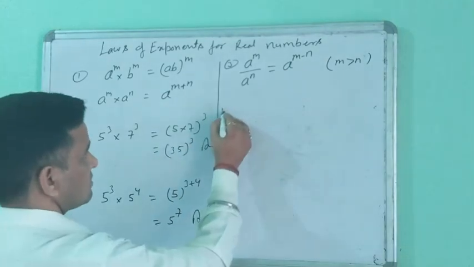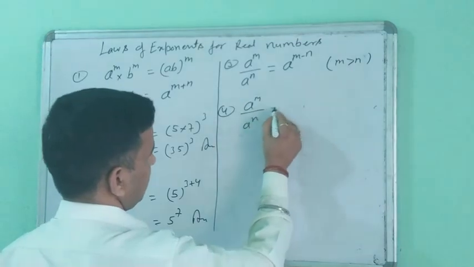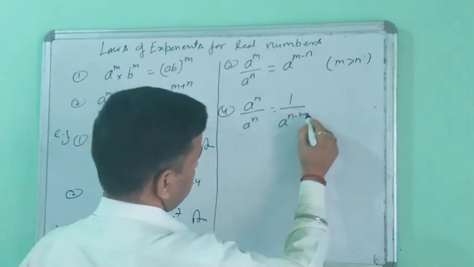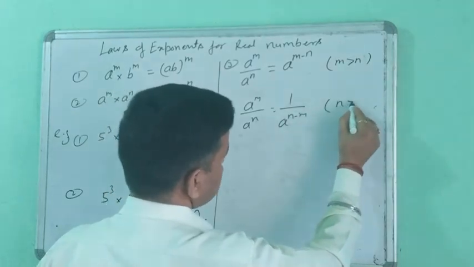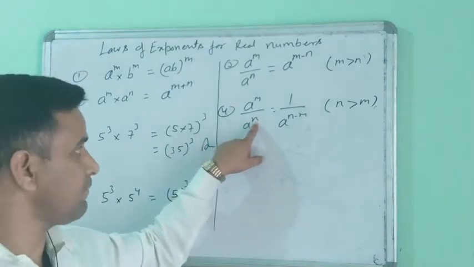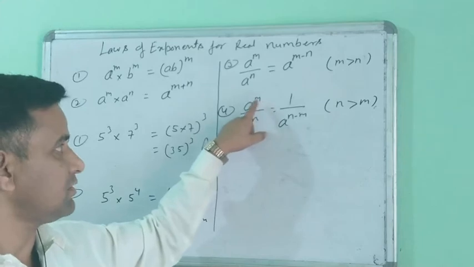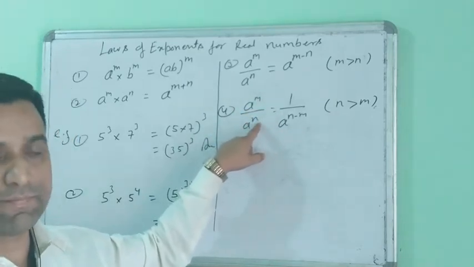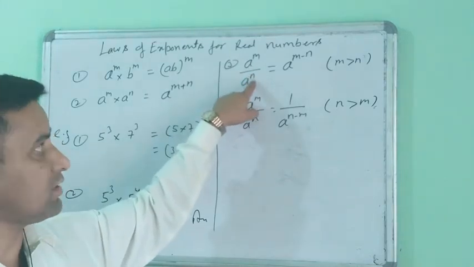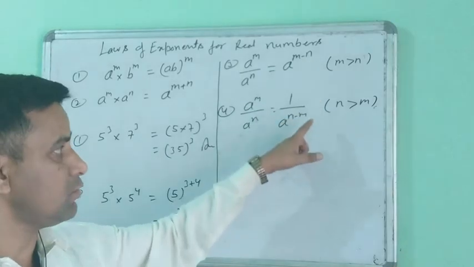Suppose the value of n is greater compared to m, then it is transferred to the denominator, with exponent n minus m. Suppose n is smaller, then it is transferred to the numerator. So you will write in this form.